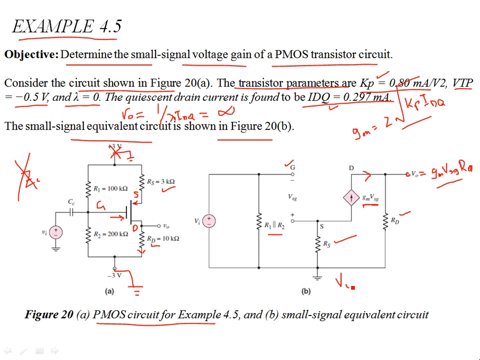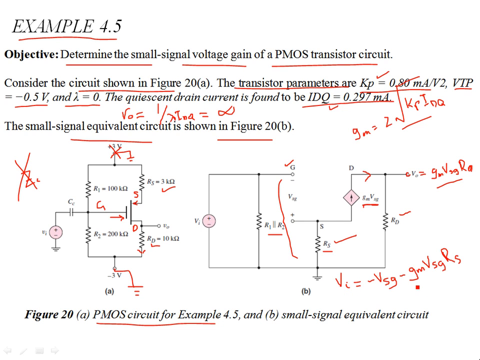If you look at the circuit, if you apply the KVL around this gate to source output loop, then this can be written as minus VSG, and you have to include the potential drop across your source resistor RS. So the current, looking at the current direction, this becomes minus GM VSG multiplied by RS. Okay, so that's my input voltage that is available, the signal voltage.